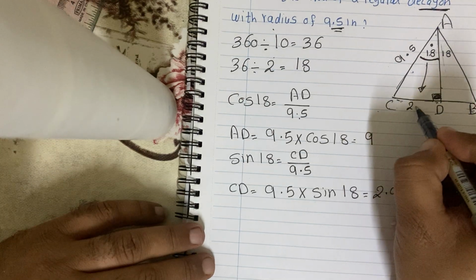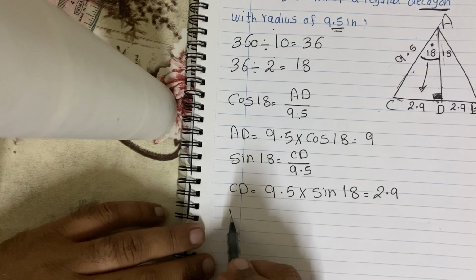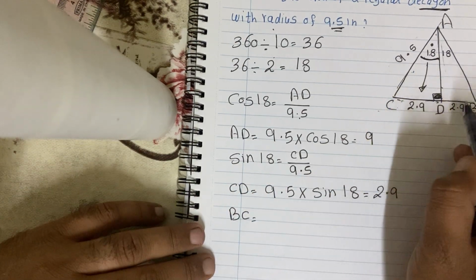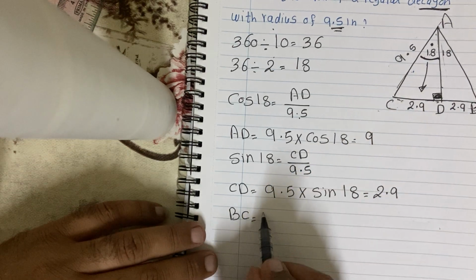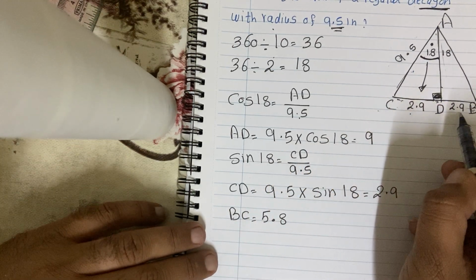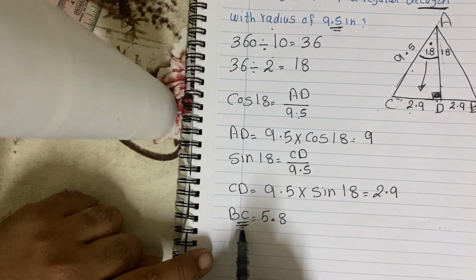This part is 2.9 and this part is 2.9. So BC, the whole side of the decagon, is 2.9 plus 2.9, which is 5.8.